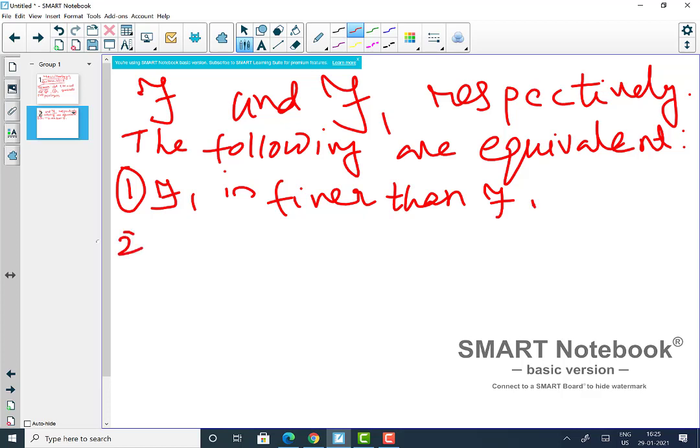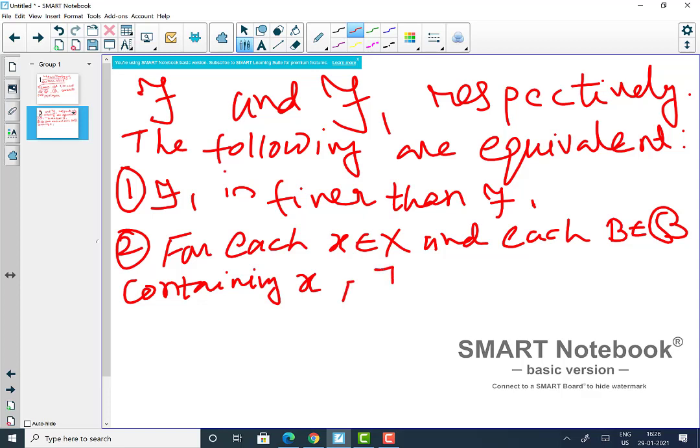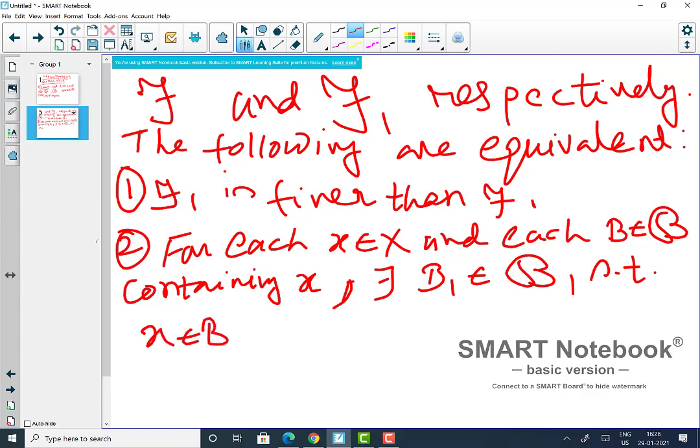And this is equivalent to saying that for each element x of X and each basis element B of the base B which contains x, there exists a basis element B1 of tau1 such that B1 contains x, and not only that, it is inside the original basis element B.